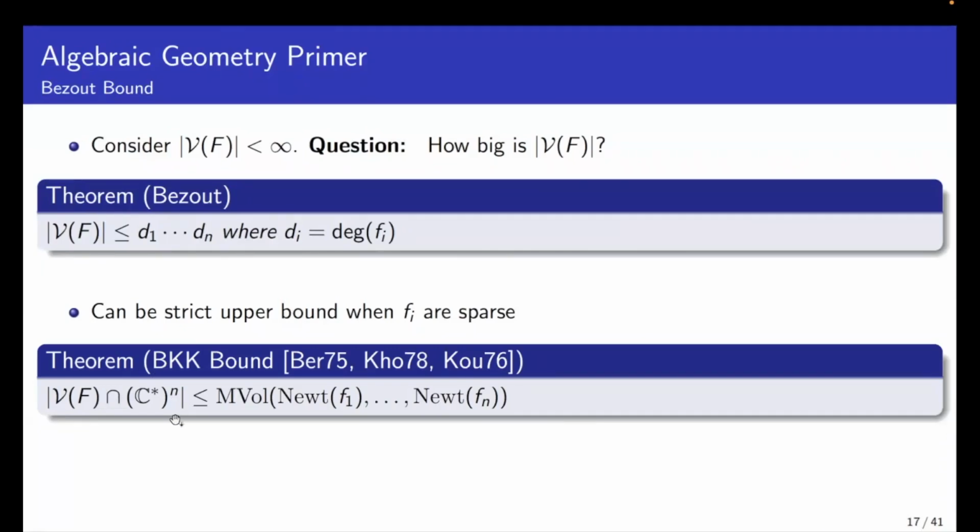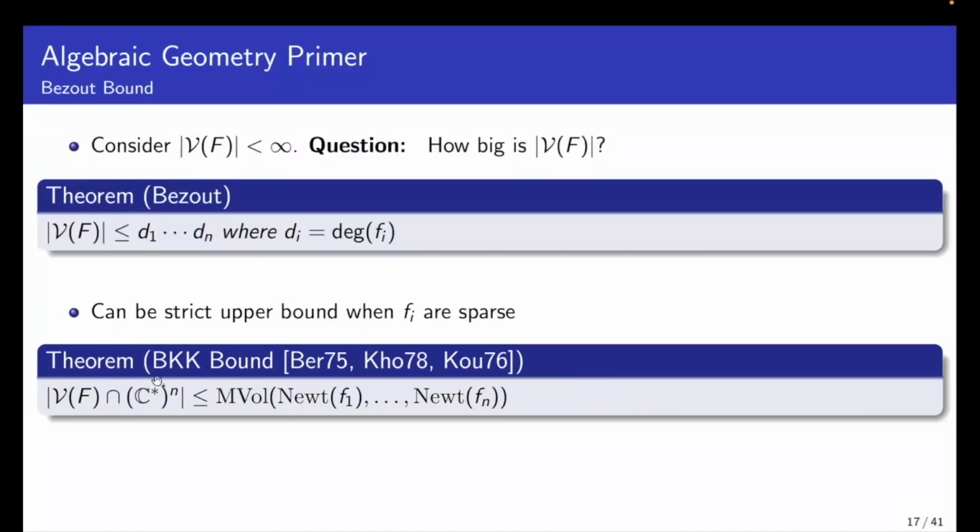In our case, the variety contained in the torus and the complex variety are actually the same, so don't worry about this. It gives us a way to bound the number of solutions for a sparse polynomial system.